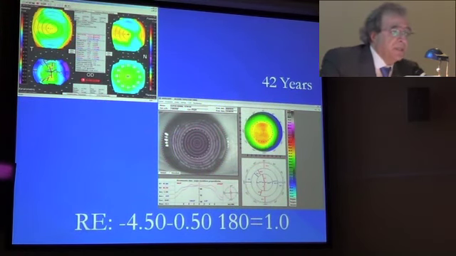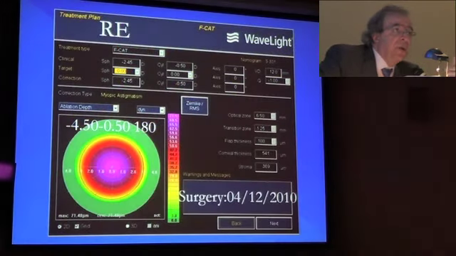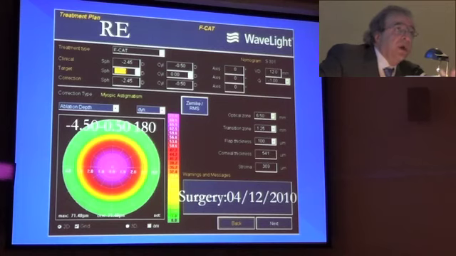This is a very interesting case, 42 years old, -4.50 in the right eye. In the left eye, you can see now the difference with the modification. After the modification in Zernike, the refraction that we operate with the software is only -2.45 and the correction was -4.50, with optical zone 6.50.